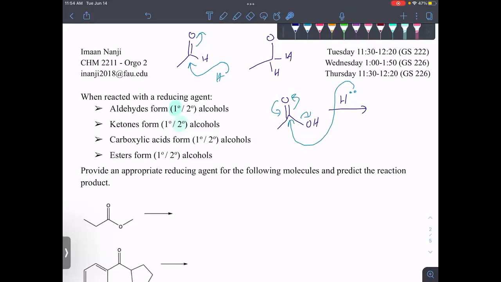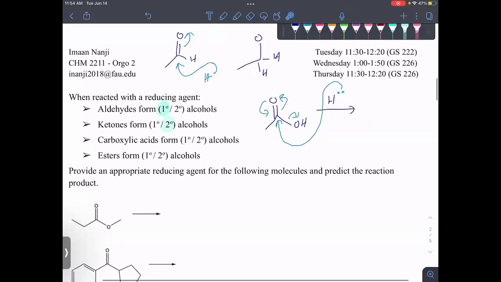All we're doing here is kicking off the oxygen and replacing it with an H. So for the first step of this mechanism, you are left with an aldehyde intermediate. The OH is gone, and the carbonyl got reformed, so it's still a carbonyl. So now I have an aldehyde.